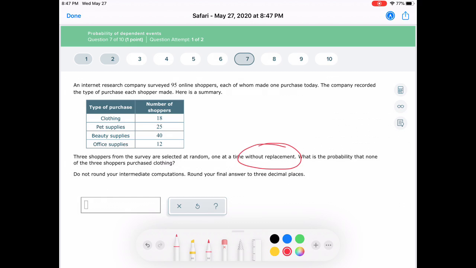What is the probability that none of the 3 shoppers purchased clothing? First, out of 95. I think it's smarter in this case, since we don't want clothing, to subtract 18 from 95 to figure out the no clothing, right? That gives us 77.